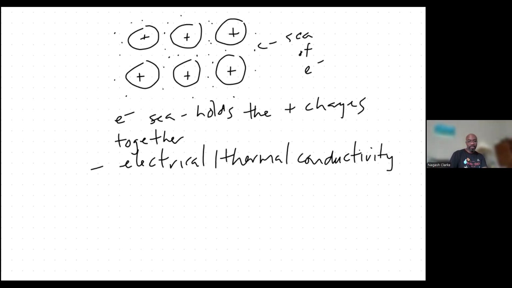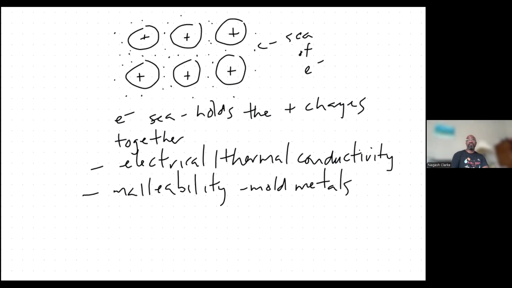Also, malleability. These are cations now, and they can flow very easily over each other, cushioned by these electrons. So we can mold metals when we heat them up.